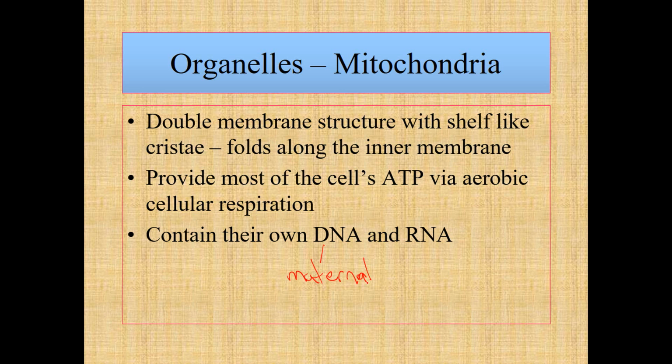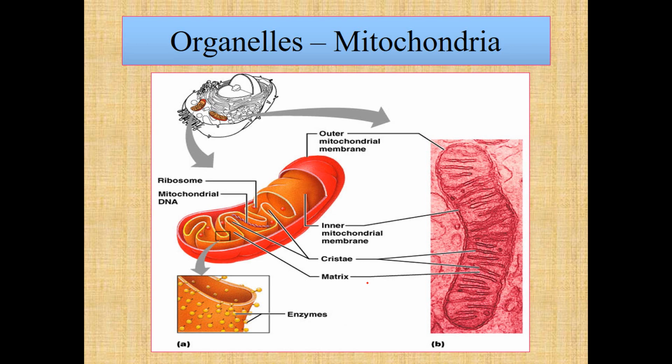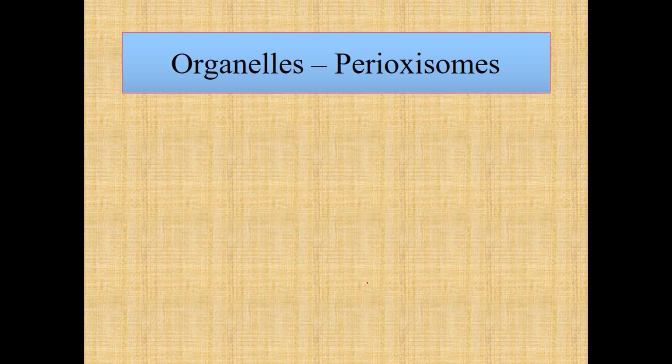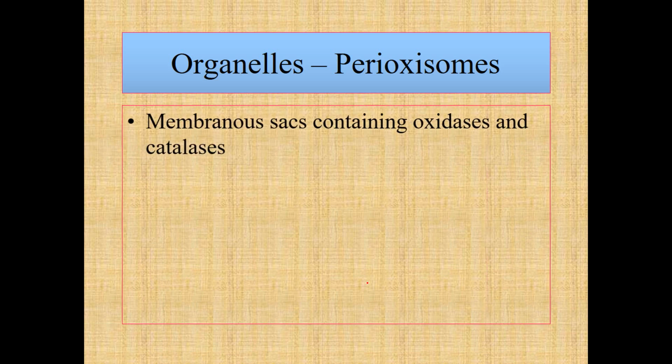You get your mitochondria from your mom in 99.9% of cases. There is a very rare phenomenon called parental leakage, but for the most part, all of your mitochondria are an exact copy of your mom's. All right, and there's the mitochondria.